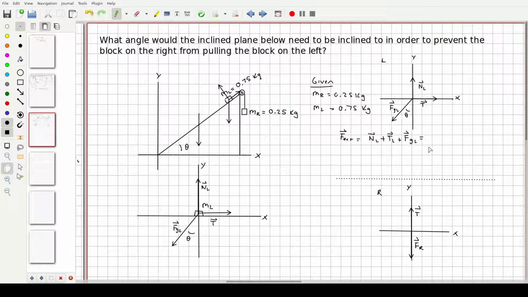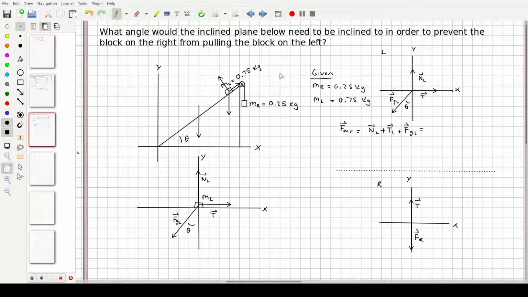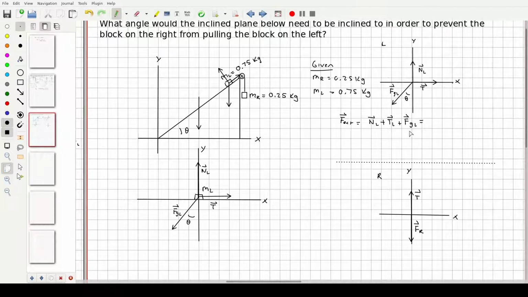We want these forces to add out because what we want to do is to incline or decline this thing so that we can prevent the block on the right from pulling the block on the left. So we want the forces to balance each other out. I mean, technically it's still pulling it, but what we don't want is net acceleration. So we're looking for the situation specifically in which this acts on the left object to give you 0.